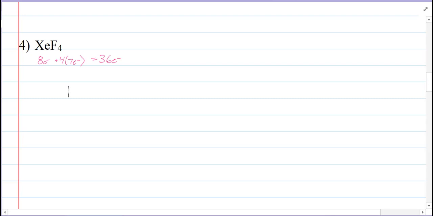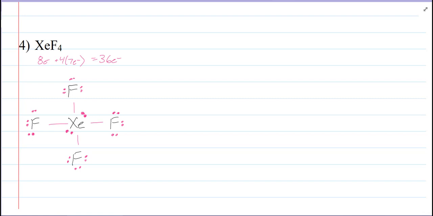Central atom's not fluorine, so F, Xe, F, F, F. Bond them. 2, 4, 6, 8, 10, 12, 14, 16, 18, 20, 22, 24, 26, 28, 30, 32. Well, that's 4 left over. 34, 36. Okay, let's go with it.